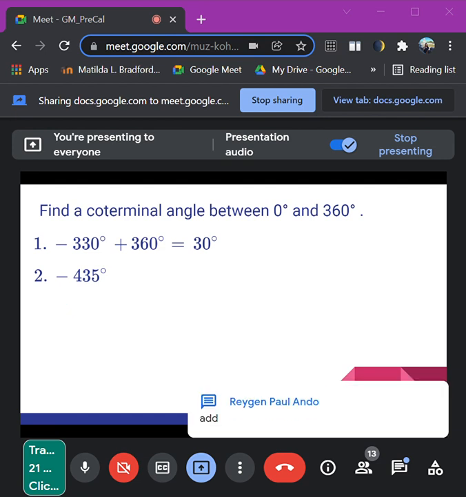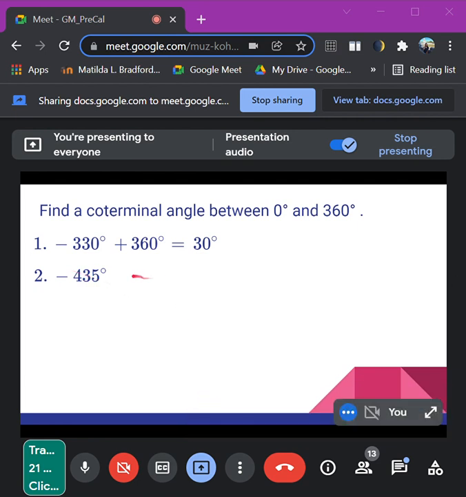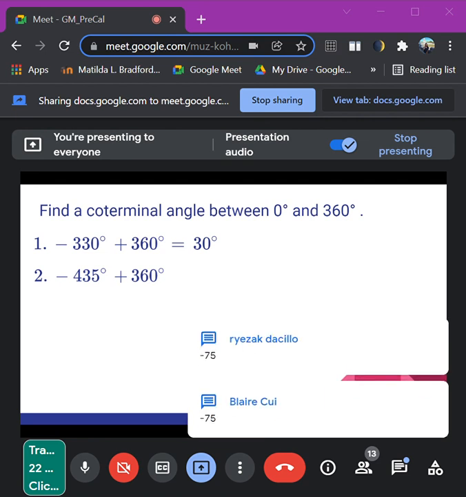Okay, multiple addition. So if we add 435 plus 360, what's the result? Okay, that is negative 75.